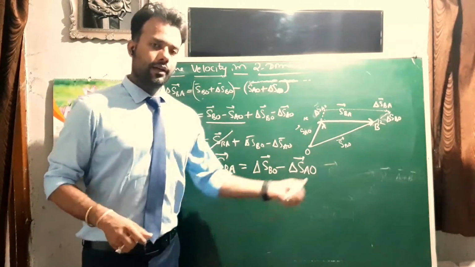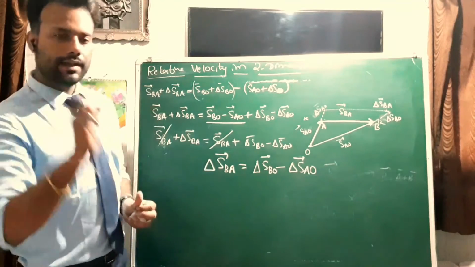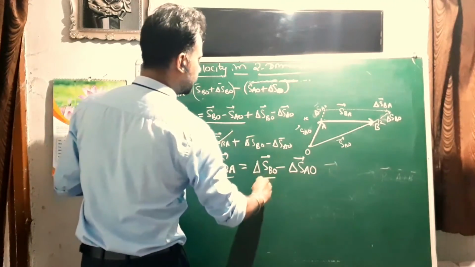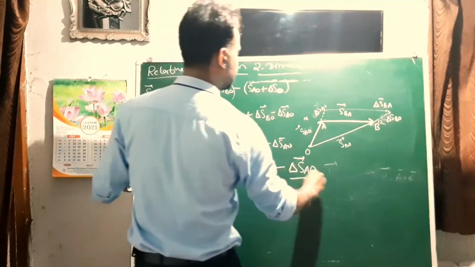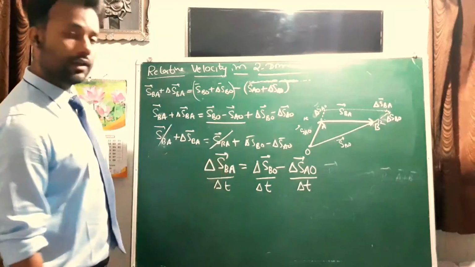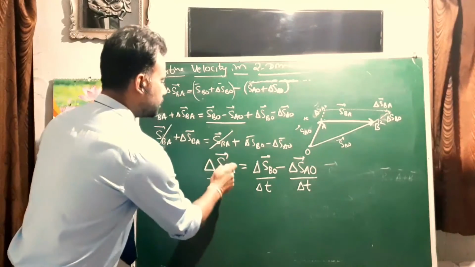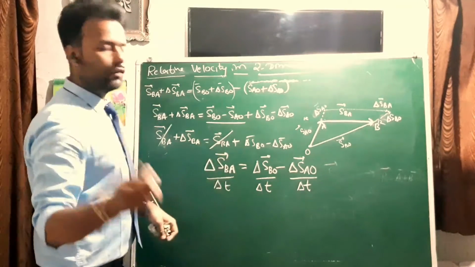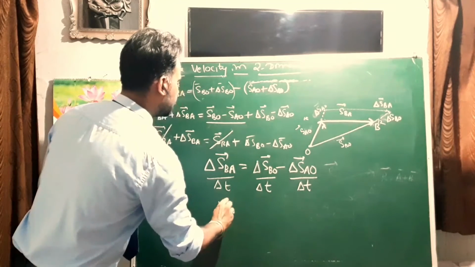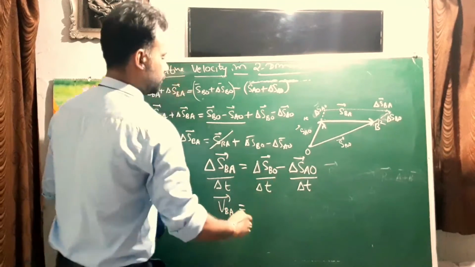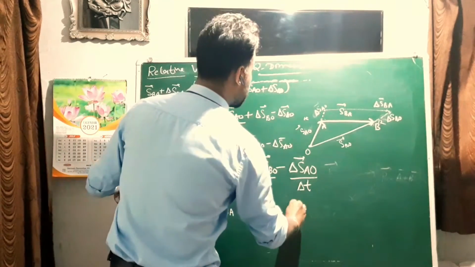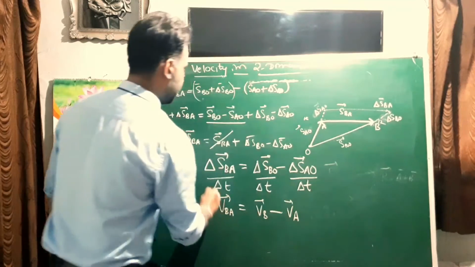What if we divide this expression by del T? I'm dividing both sides by del T. So what will it give you? Displacement upon time is nothing but velocity. It will give you VBA equals to VB minus VA.